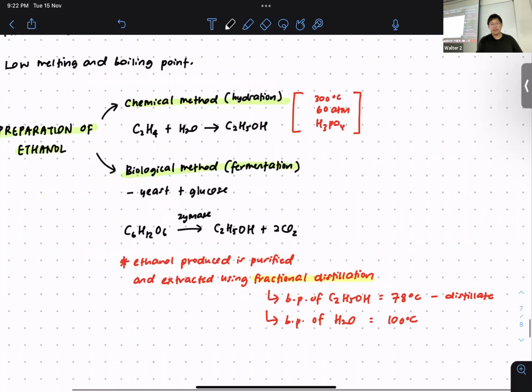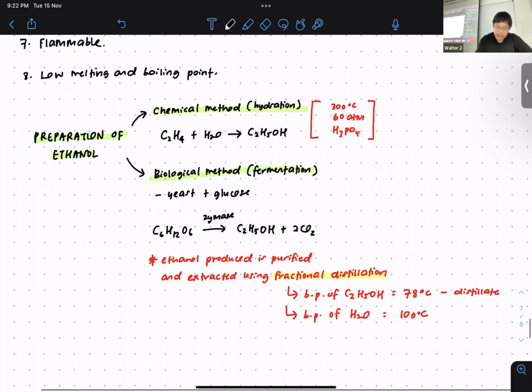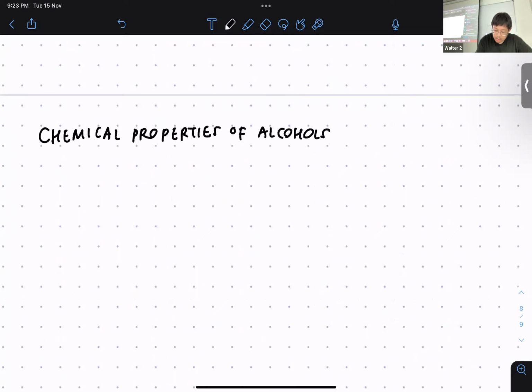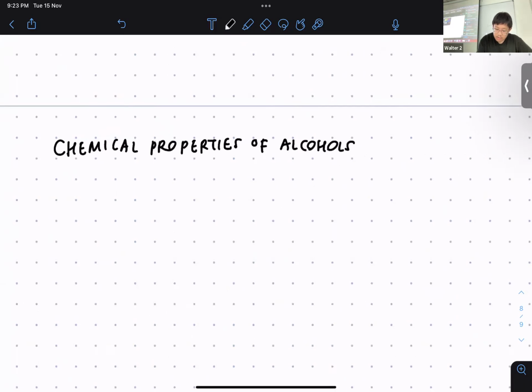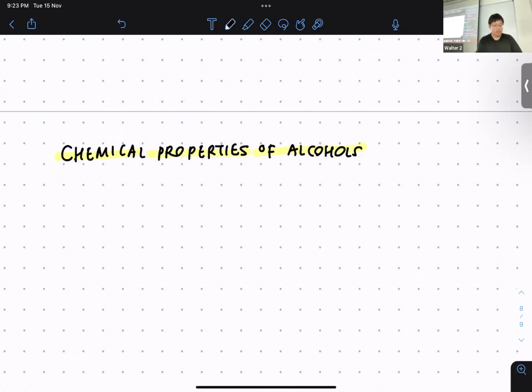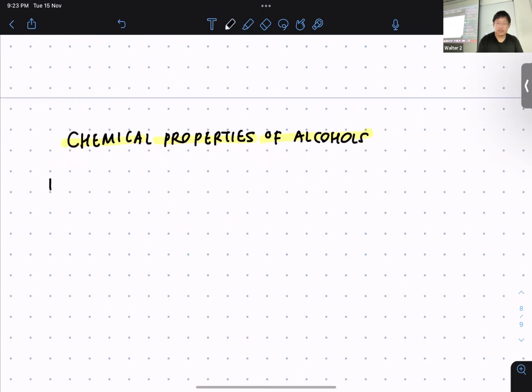Right, yeah. So I want to move on to the next part, which is to talk about the chemical properties of ethanol. So the first one, of course, is always combustion.